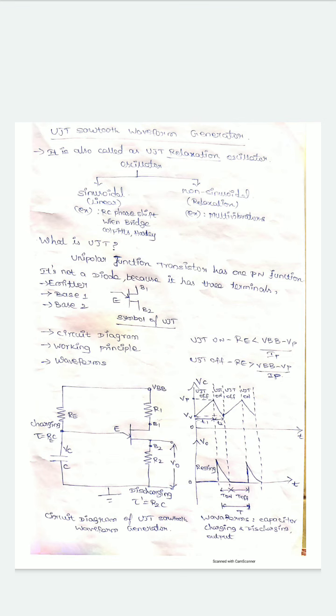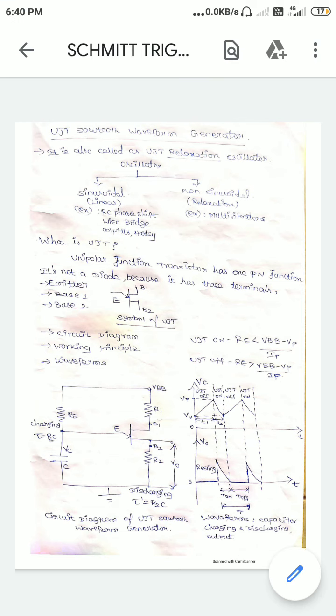This is like a sawtooth waveform, and when the output is present, that time is called T-on. When the output is not present, that time period is known as T-off. When the UJT is off, there is no output, and that time is called T-off. When the UJT is on, we have some output, and that time is called T-on.